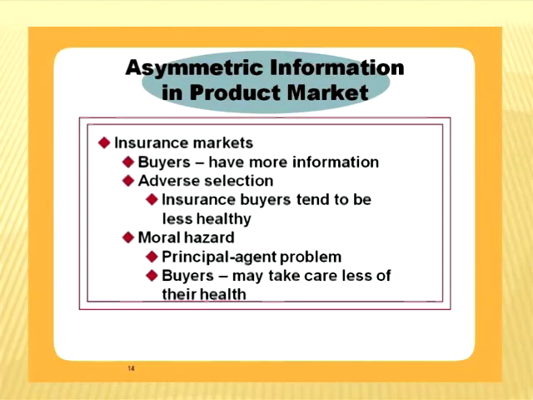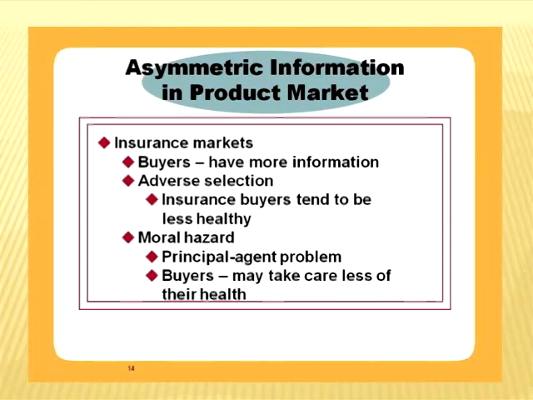You, as the buyer of a health insurance policy, know more about your health than does the seller. Same thing's true about life insurance or auto insurance or any other sort of insurance, because you have the majority of the information. The adverse selection then means that insurers will tend to be less healthy and will tend to take less care of their health, which is known as moral hazard.